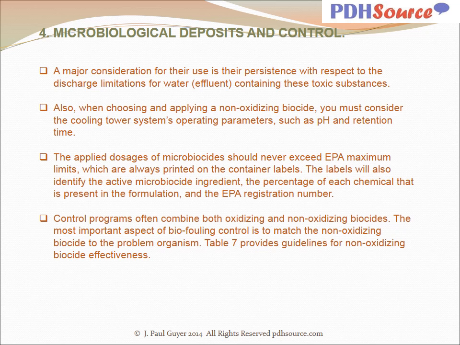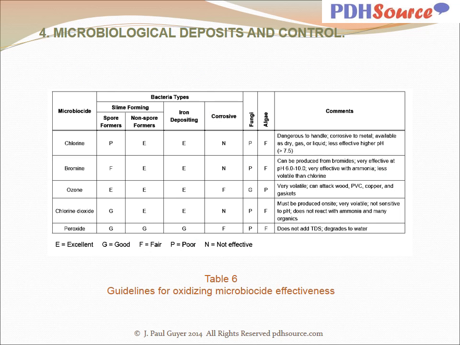Control programs often combine both oxidizing and non-oxidizing biocides. The most important aspect of biofouling control is to match the non-oxidizing biocide to the problem organism. Table 7 provides some guidelines for non-oxidizing biocide effectiveness. Table 6, indicated here on slide 96, provides the guidelines for oxidizing microbiocide effectiveness.